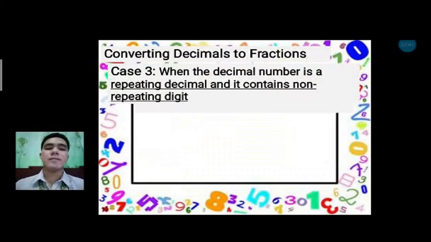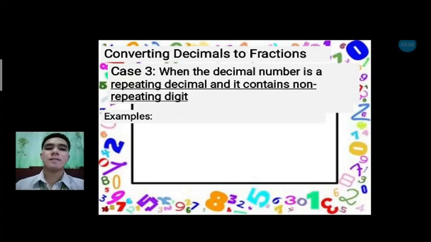Okay, now we have case number 3. When the decimal number is a repeating decimal and it contains a non-repeating digit. So we have a repeating decimal, but there is a non-repeating digit.